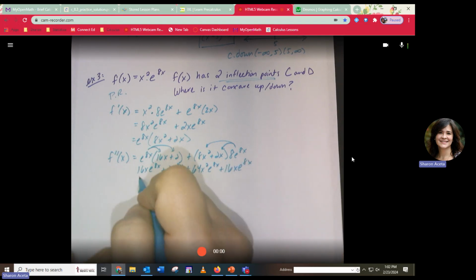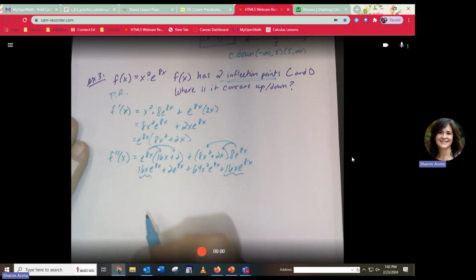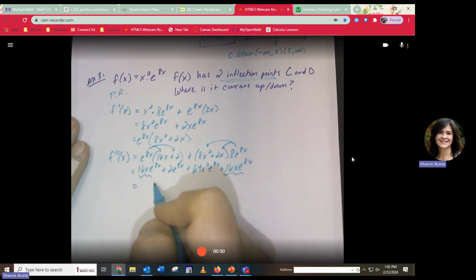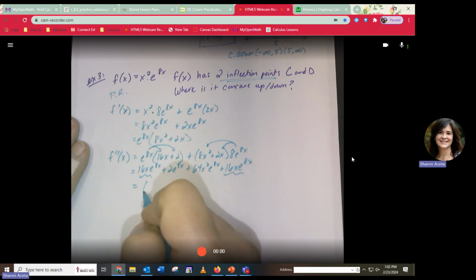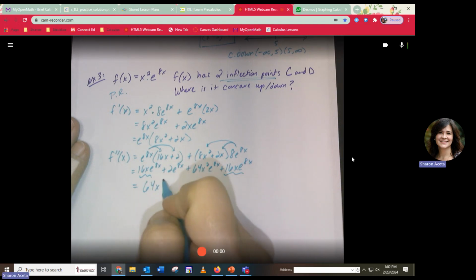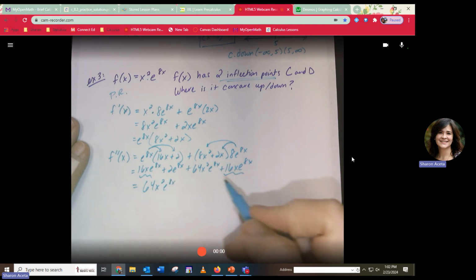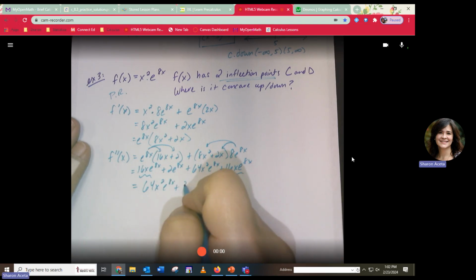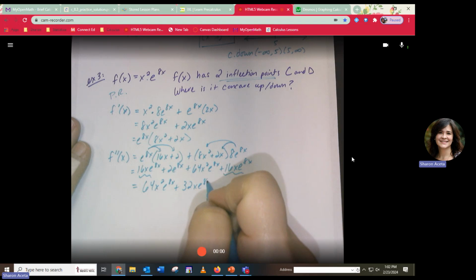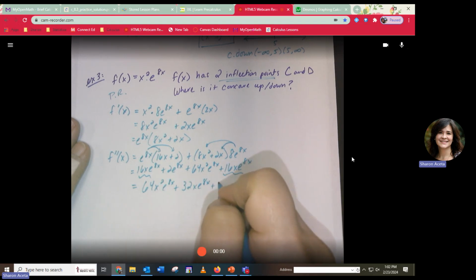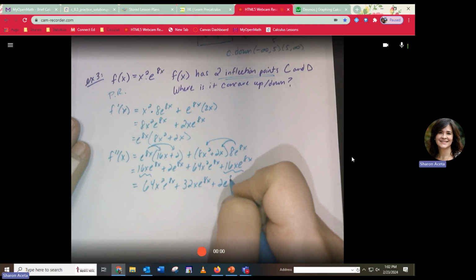Well, I actually already have one of those, so I'm just going to combine those like terms. And since I have some square terms, I'm going to put them in order. So I'm going to write 64x squared e to the 8x first, and I'm going to put 32x e to the 8x, and then I'll write my 2e to the 8x.